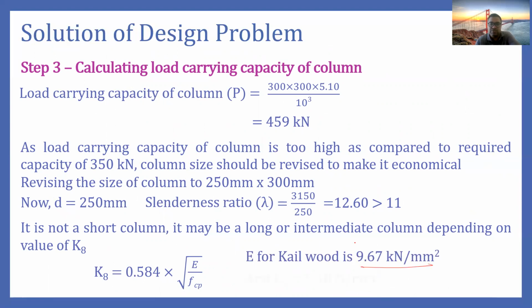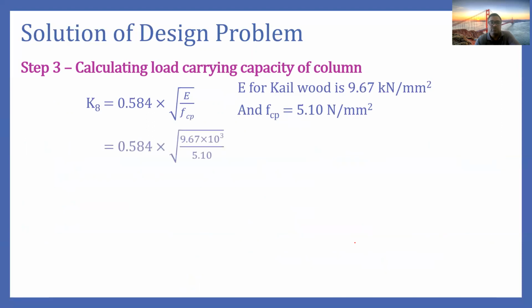Similarly, the FCP value is 5.1 Newton per mm square. Putting these values in the formula, you can see the E value is in kilonewton per mm square, so we have to convert this into Newton, and that is why we have multiplied with 10 raised to power 3. Putting all the values, we get the value of K8 as 25.43.